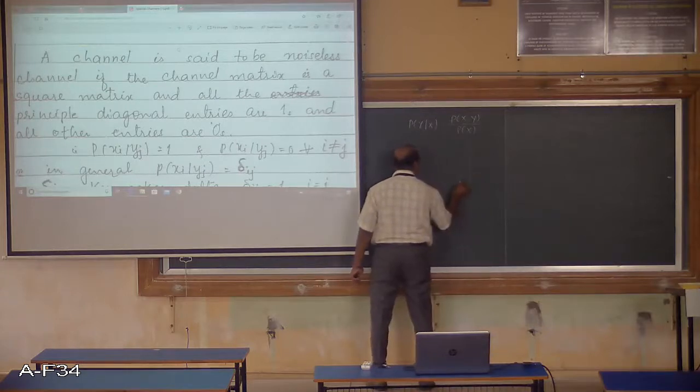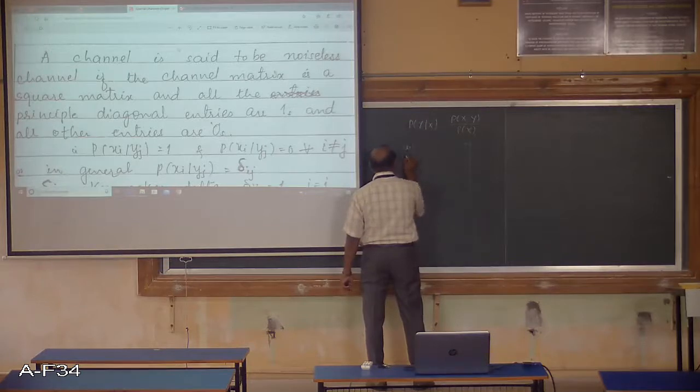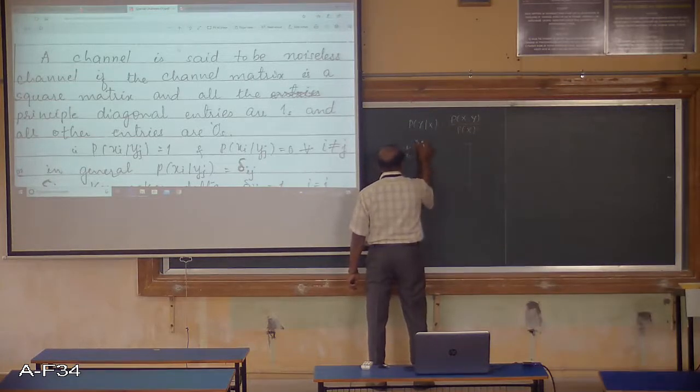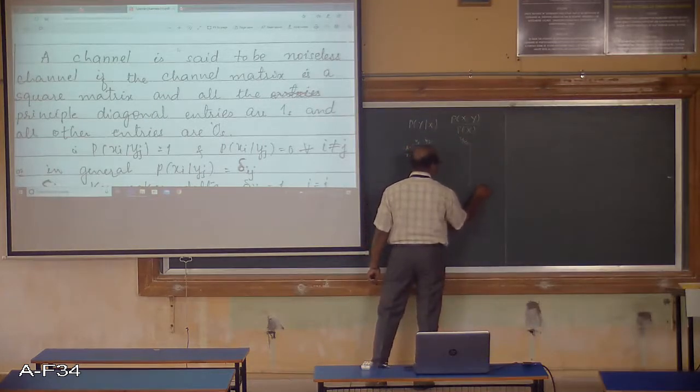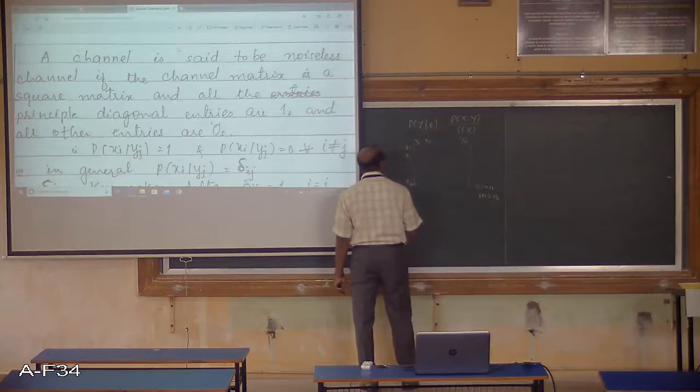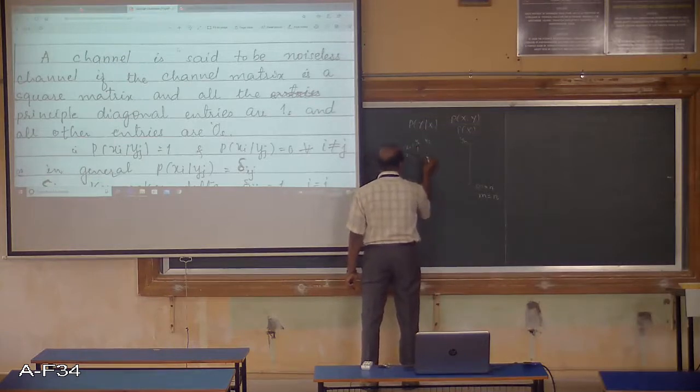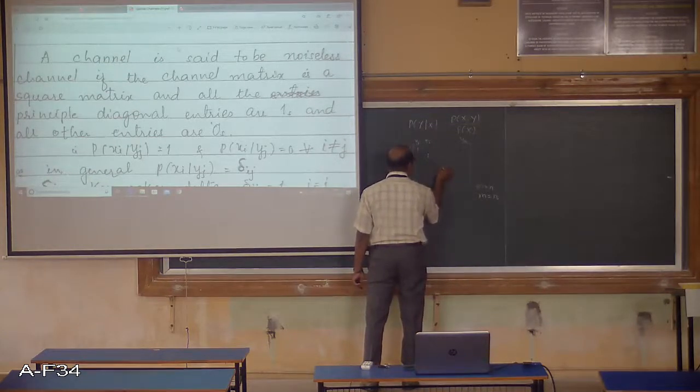The channel matrix is a square matrix wherein the number of input symbols and output symbols, m and n, are equal, and only the principal diagonal elements are 1 and all other entries are 0.